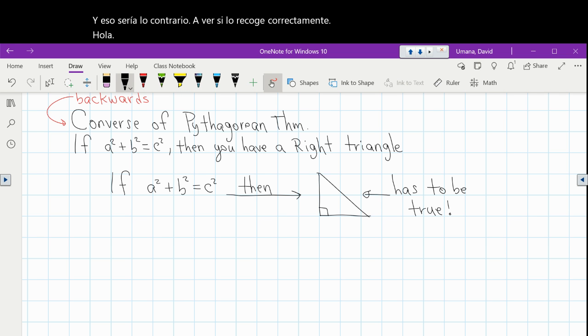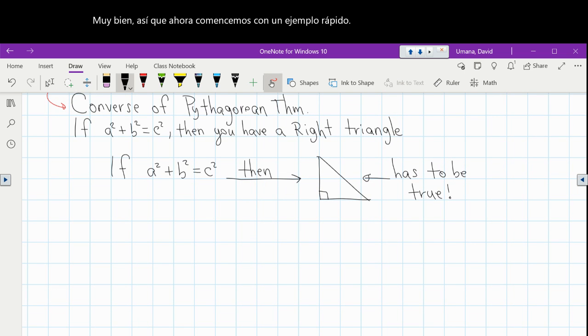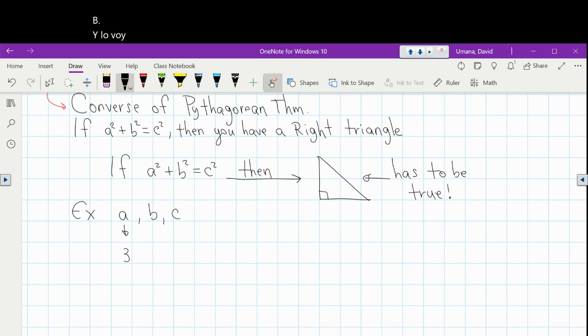All right. So now let's start with a quick example. Go this way. And I'm going to say as an example, A, B, C, and I'm going to say A equals 3, B equals 4, C equals 5.